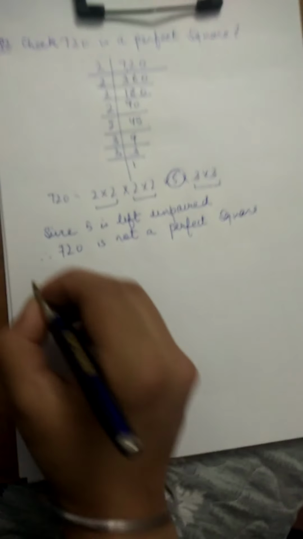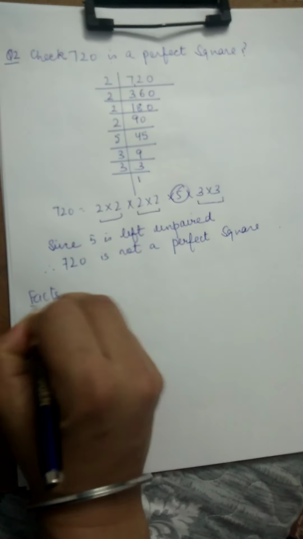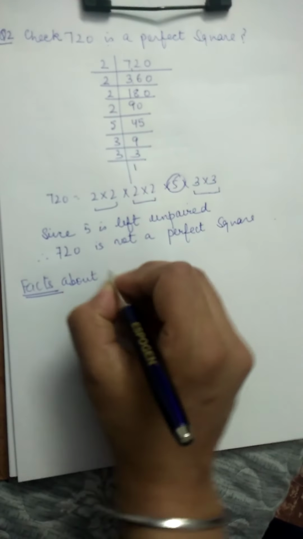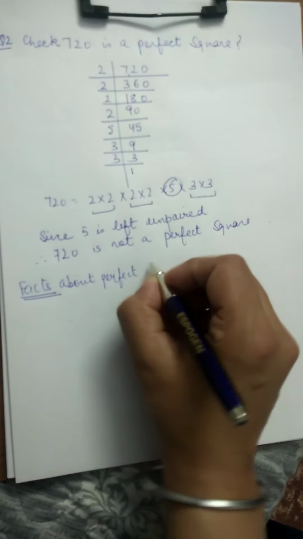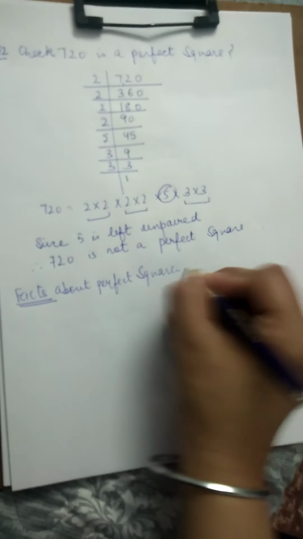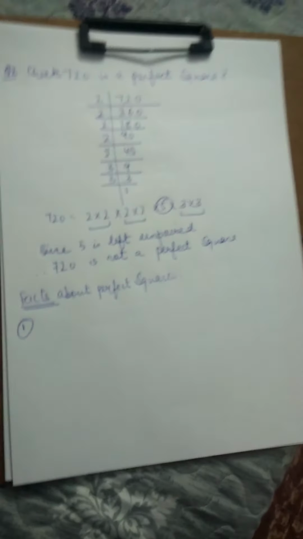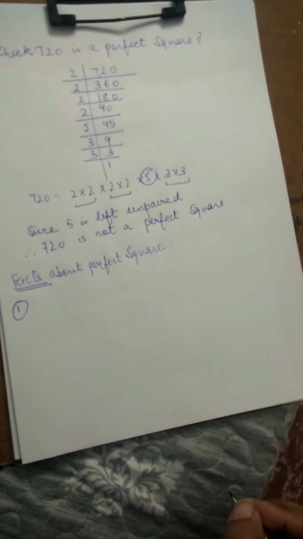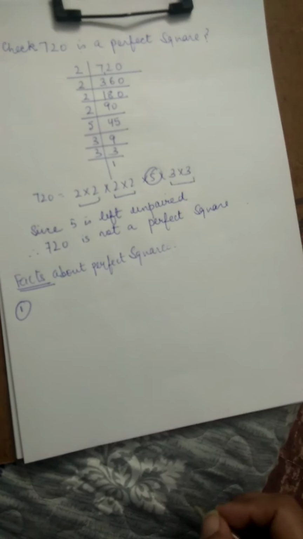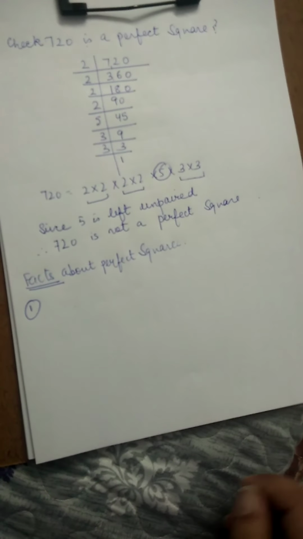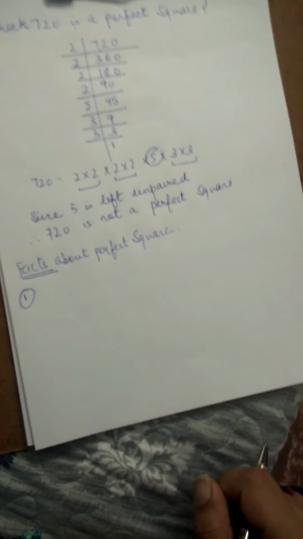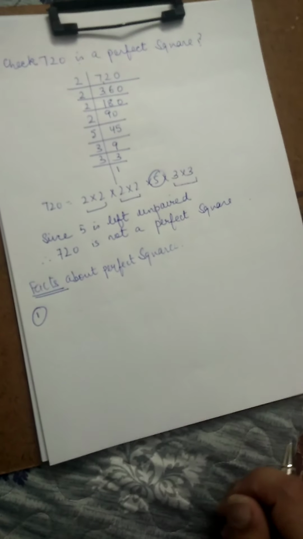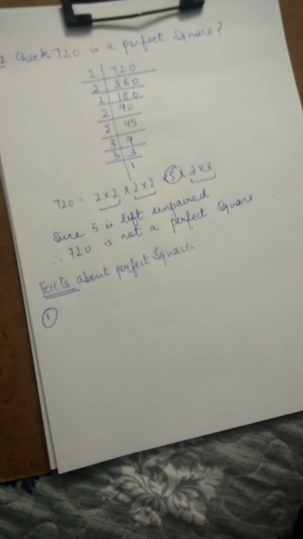Let us see how. So there are certain facts that will tell you about perfect squares. So my first fact is, if the number ends with an odd number of zeros, then the number cannot be a perfect square.